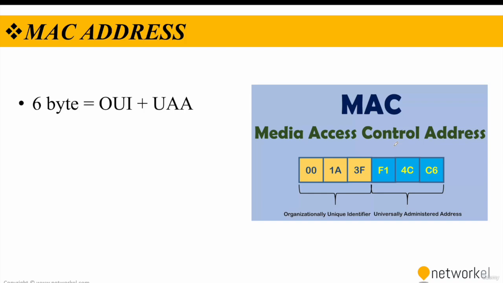The other portion of the MAC address is the universally administered address, UAA, and this one is uniquely assigned to a device by its manufacturer. So the vendor is the one who is assigning the UAA, and the IEEE is the one who is assigning the OUI to the vendors.